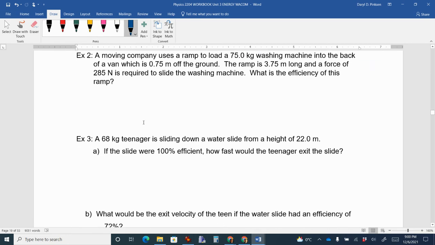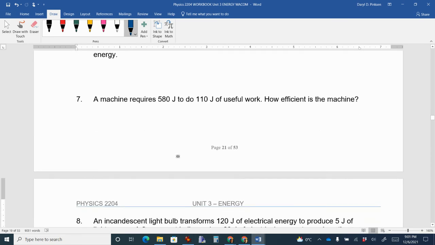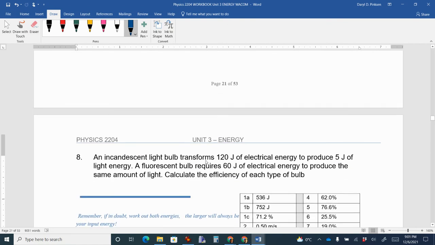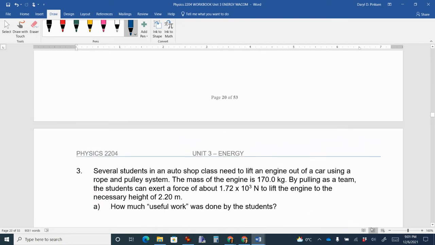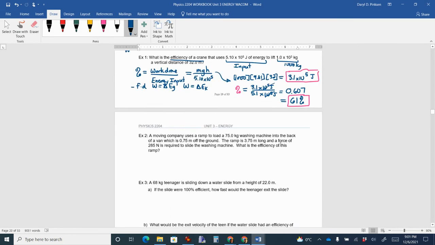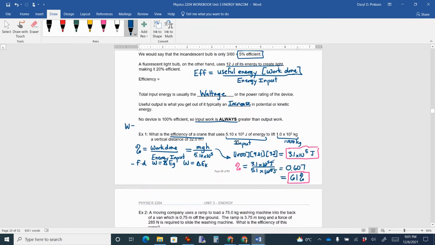So then there's a bunch of questions here that you can do, and that will take you down to, oh my goodness, this kind of goes on forever. Well, there you go. Might take a little while to do. But those two concepts you can now apply to the next page. What happened here? Oops.